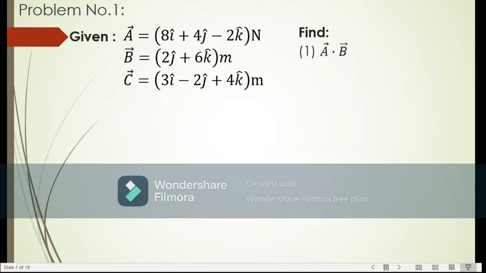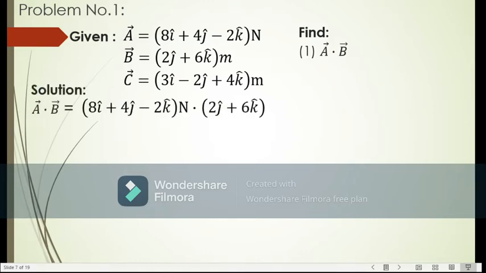In our first problem, we are asked to look for the dot product of A and B. For the solution, A dot B is equal to 8i hat plus 4j hat minus 2k hat Newton dot 2j hat plus 6k hat meter.